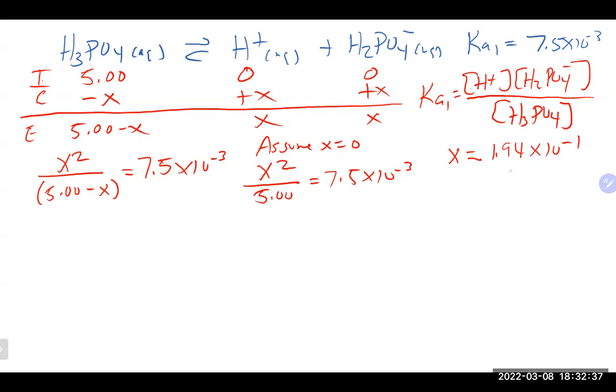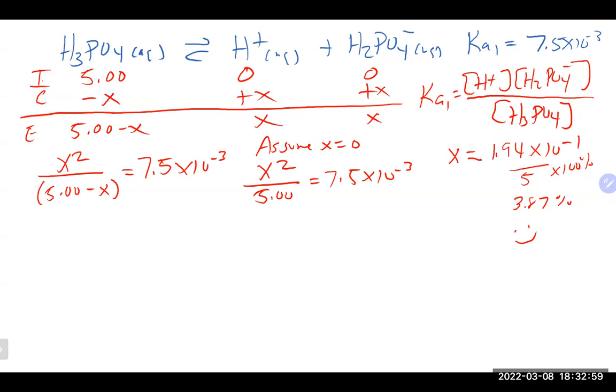We want to check it, so we're going to divide it by 5 and times it by 100 and hope for the best here. That would be why I changed the number from the original number. That is 3.87%, which means we are good. Thank goodness.